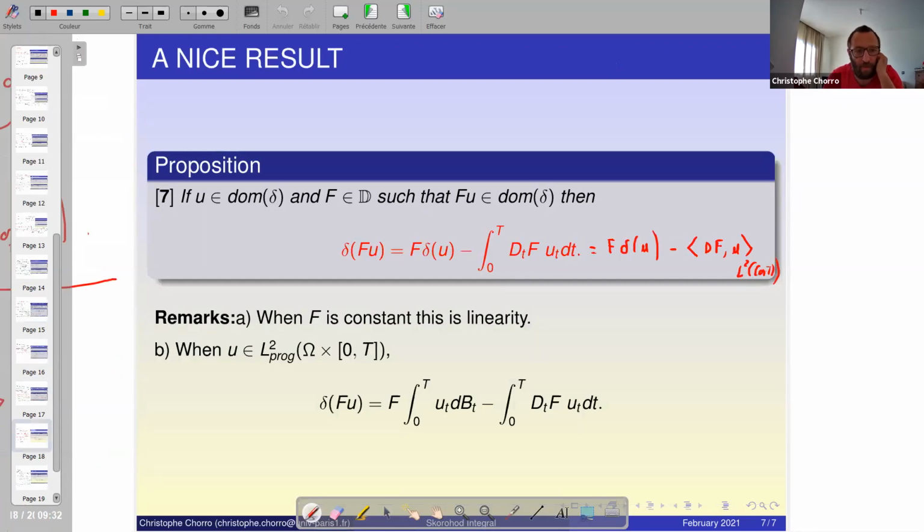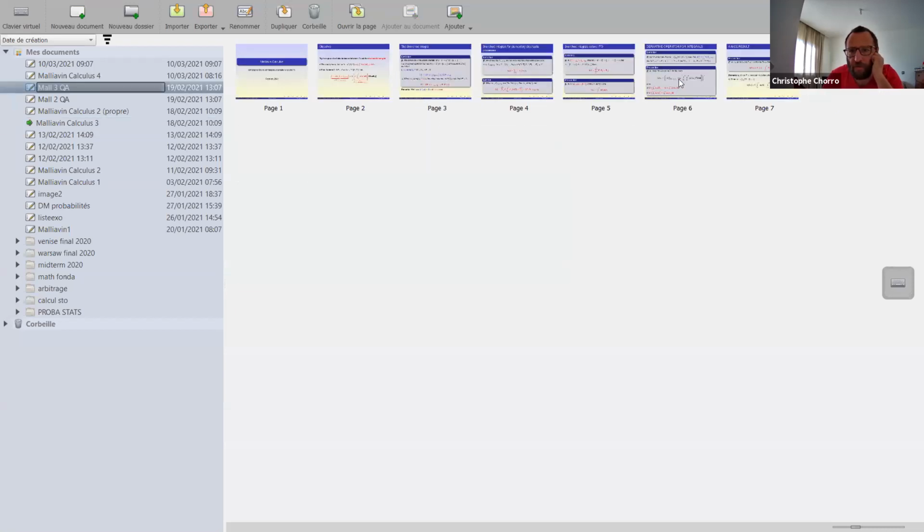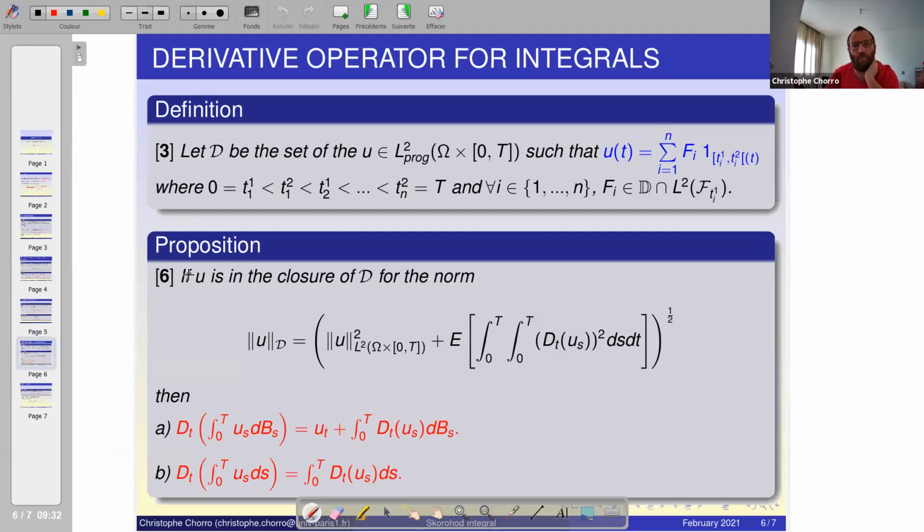Maybe I will take this one here. So I have this proposition 6 here that ensures that under good conditions I can compute the derivative of a stochastic integral or of a Riemann integral of a regular stochastic process. And I have these conditions here. So we are going to suppose that I am under the conditions of proposition 6 in order to be able to use these computational rules for my problem here.